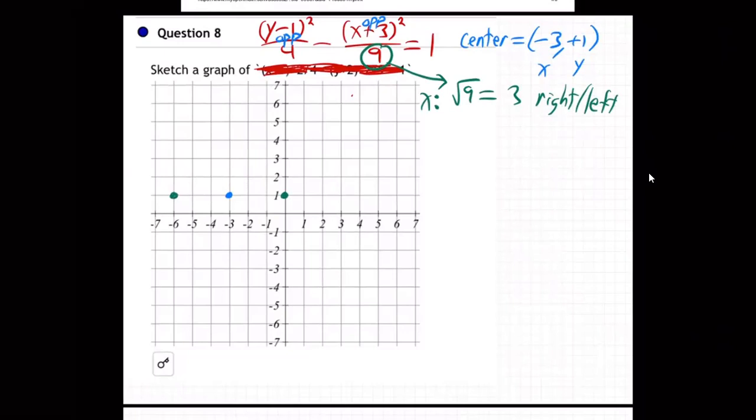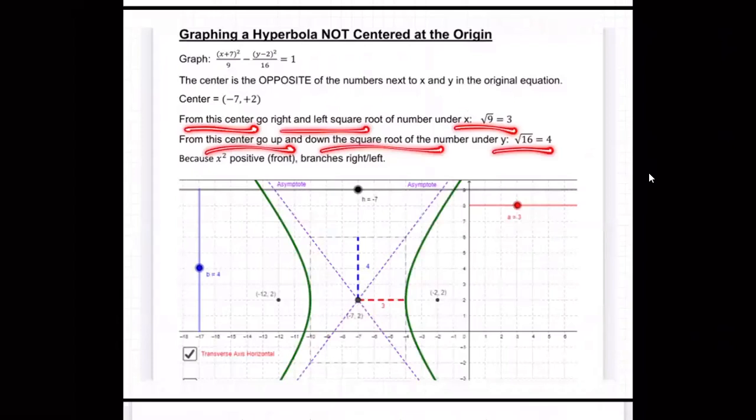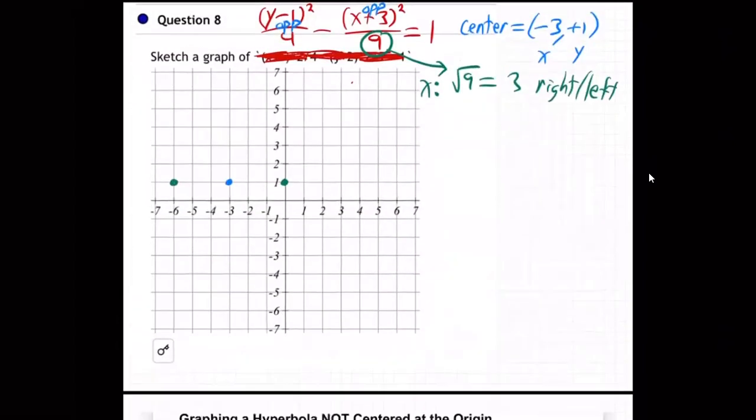See how it said? Again, from this center, go right and left the square root of the number under the x. From this center, up and down the square root of the number under y. So I go, okay. And then the y, grab that number. Four, square root is 2, and that's up, down, from the center. So up 2, down 2.